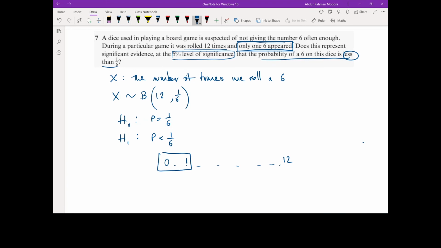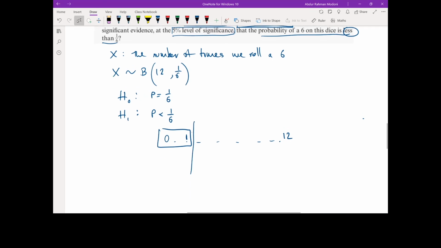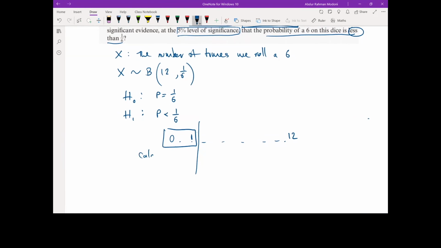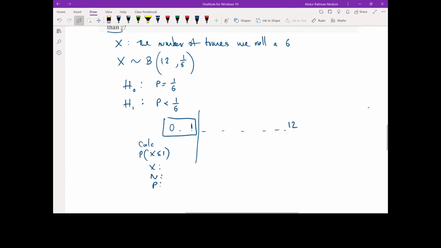So what is this probability? We split our number line into 2 sections. This is the calculator side, which the calculator will work out, and we are interested in this side. So we're going to say the probability of x less than or equal to 1. Let's use our calculator with x, n, p. This is a binomial distribution, so we can enter those values here.